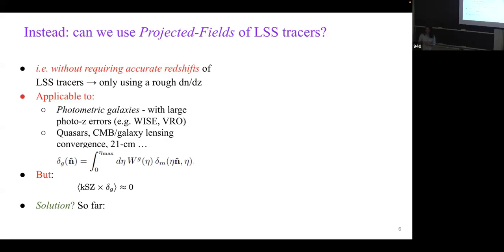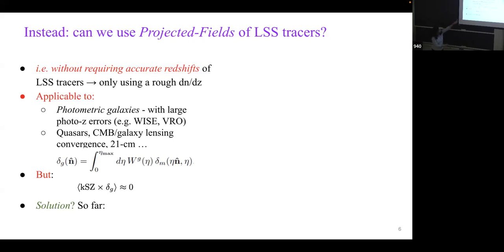No, I don't think that's a concern. You need good angular resolution in your CMB maps because that's where your KSZ signal dominates. But on the large-scale structure tracer side, you don't need very high resolution. So yeah, I can actually come back to that later. But you don't need very high resolution in the large-scale structure field. You only need that in the CMB maps.